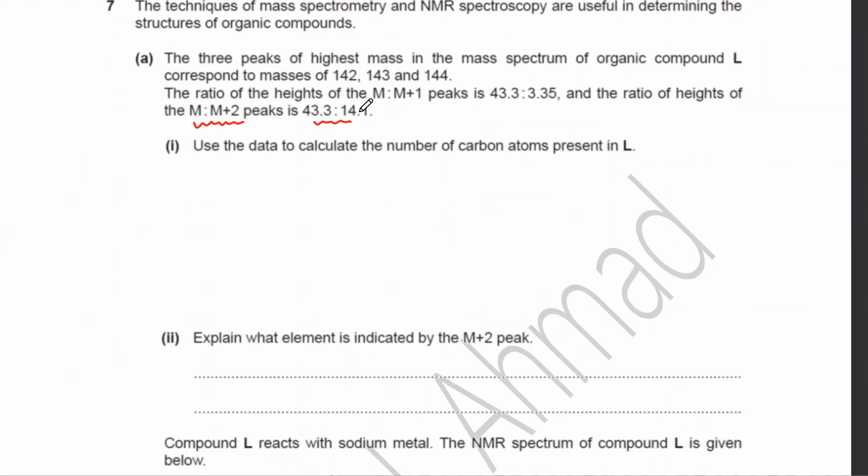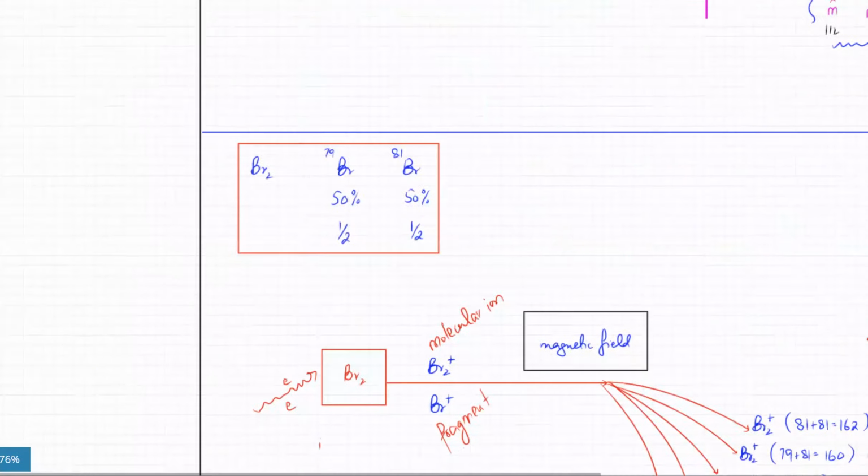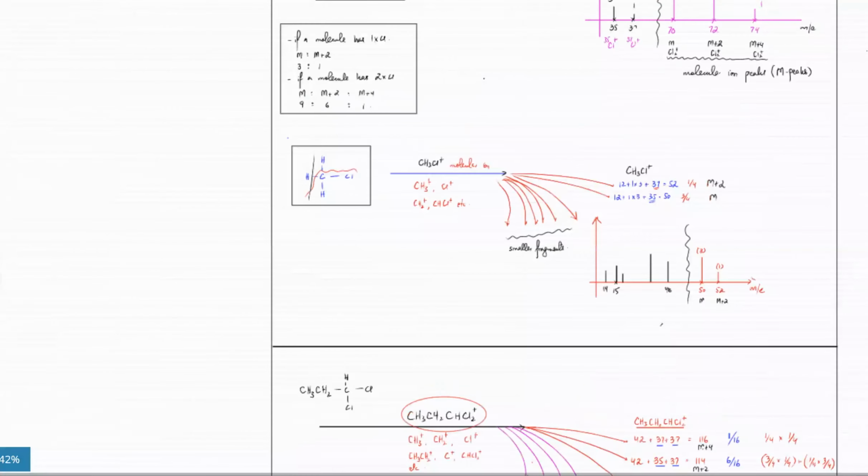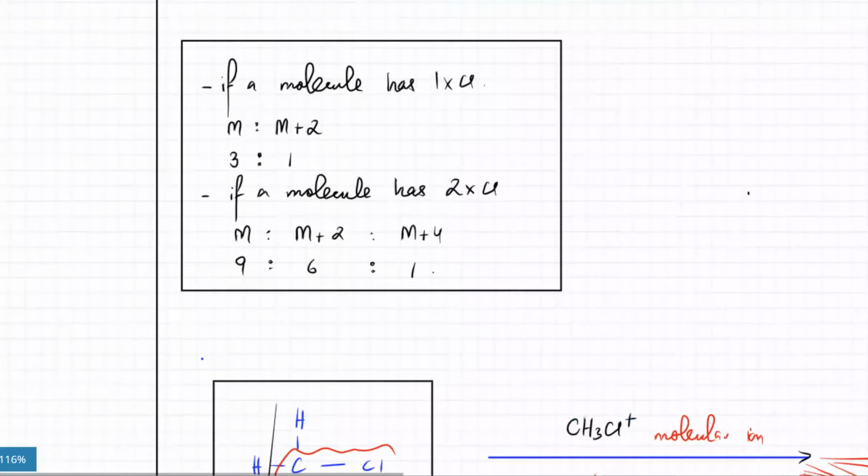This is not 1:1. ये ratio क्या बन रहा है? It's I think approximately 1 to 3 around. So it's 3:1, right? So इसका मतलब है कि it's not bromine, it's actually 1 chlorine.